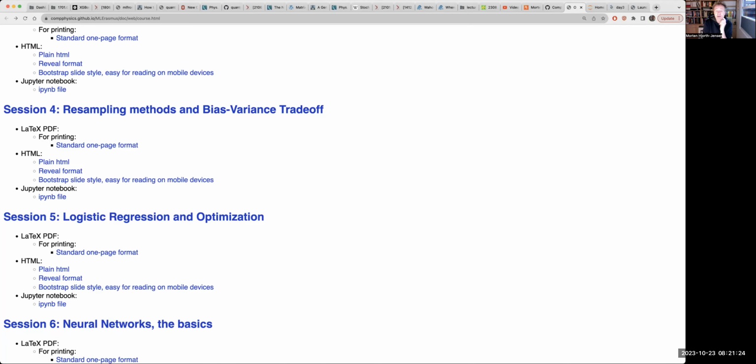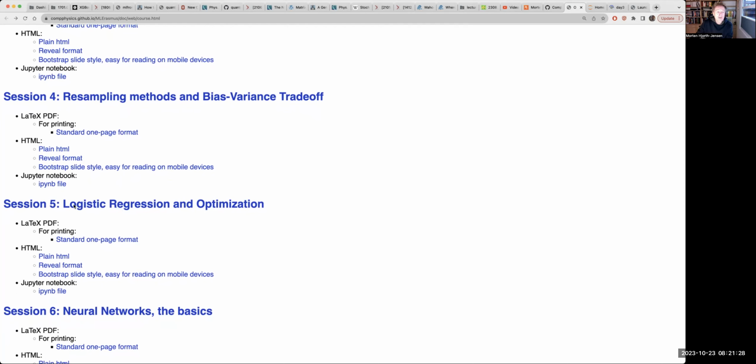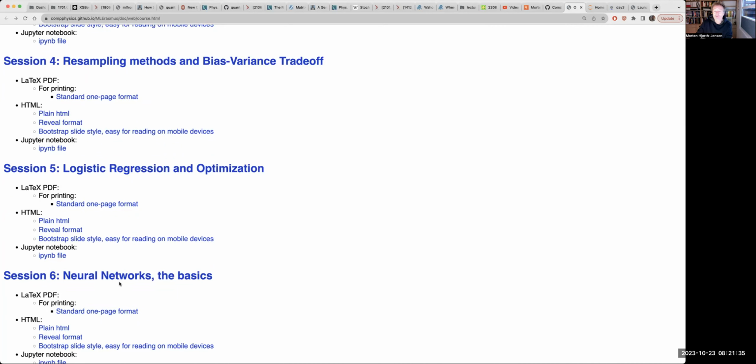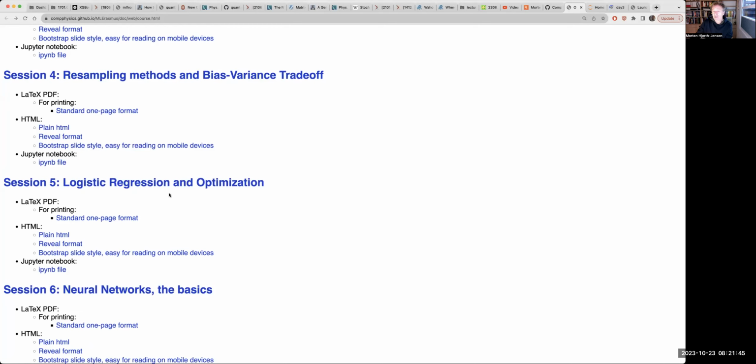And the basic idea is that we have then gone through the material and logistic regression, and we have started to discuss optimization so that we can move over to neural networks. And we can then use this time to discuss the first project, which will essentially deal with linear regression and logistic regression, and us implementing these methods.